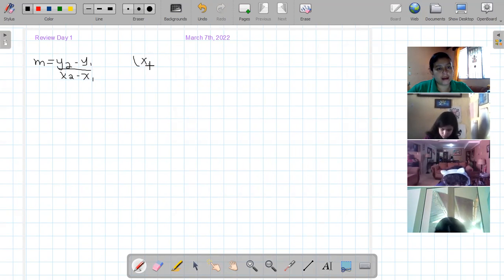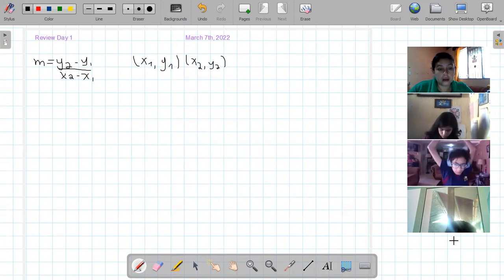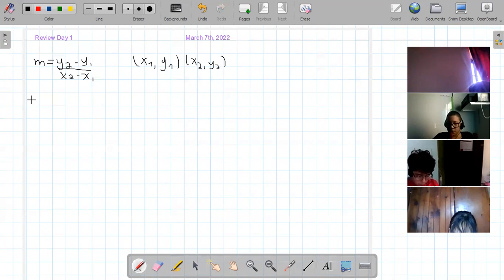One point you're going to call x1, comma, y1, and the other point you're going to call x2, comma, y2. Remember, ordered pairs are written in the form x, comma, y. So that's why it's going to be x1, y1, and x2, y2. Always the one with the one and the two with the two. Okie dokie. So if I give you these two given points, you need to solve with this formula.